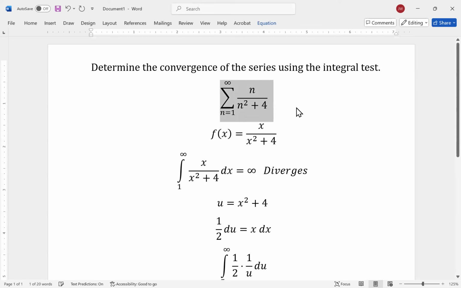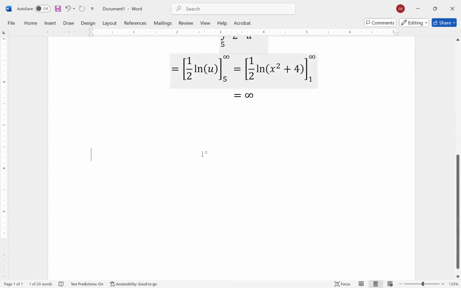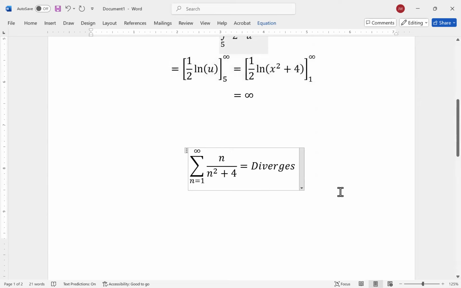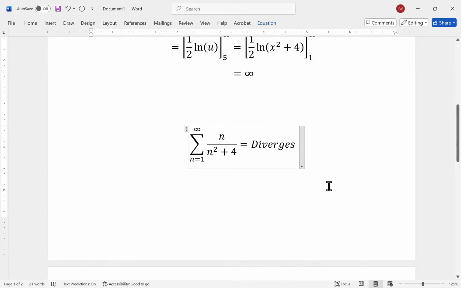And because the integral diverges, the integral test says that this infinite series also diverges. So the integral test tells me that this infinite series diverges. So there's no need to do a bunch of partial sum calculations because I know via integration that this thing diverges.